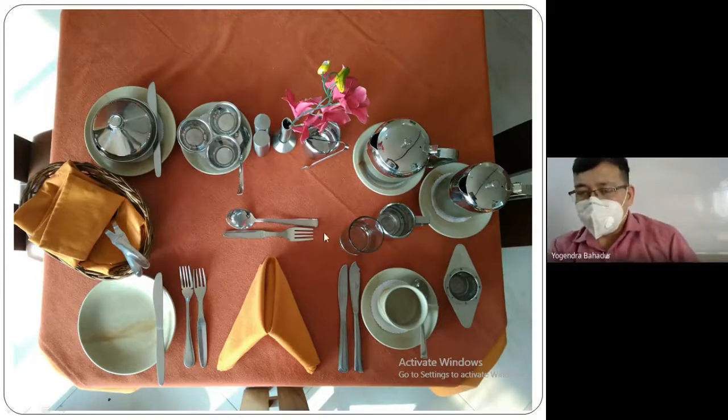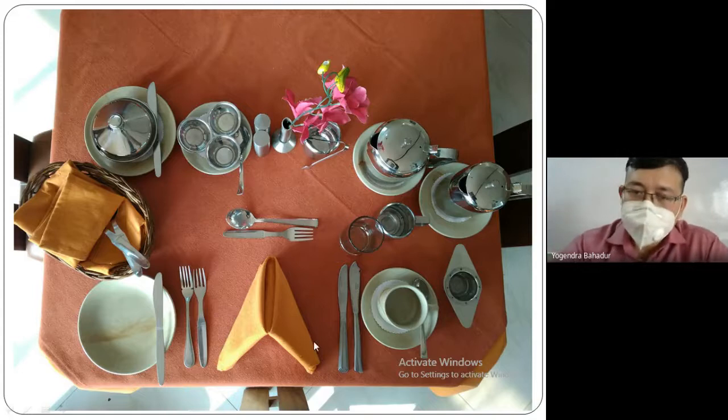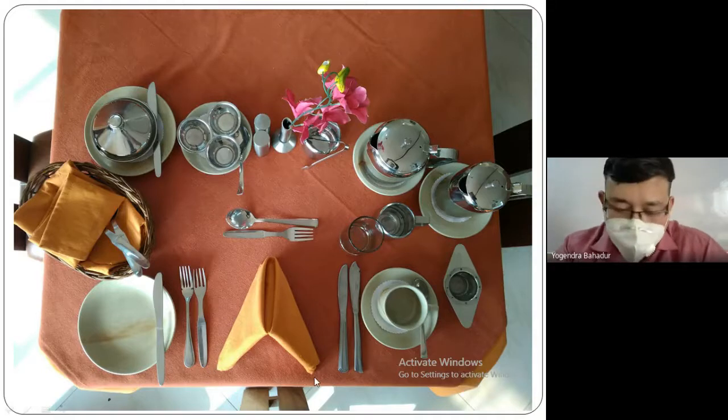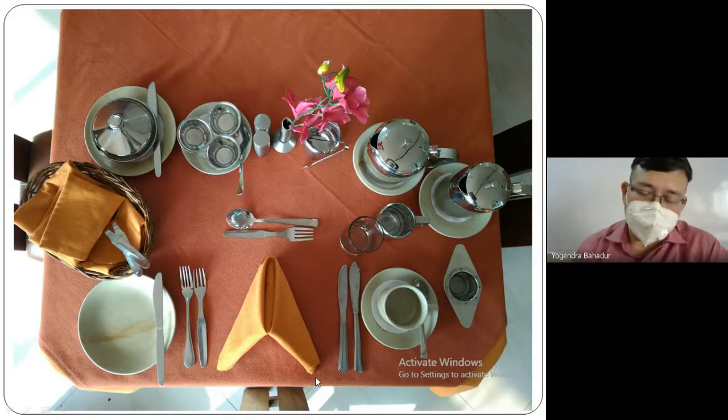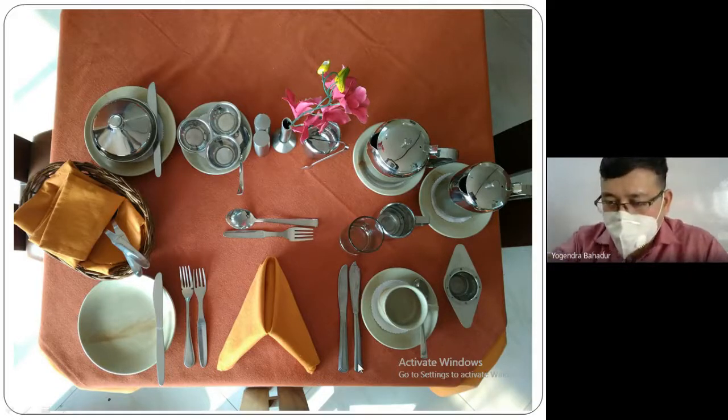Now we are focusing on the cutlery part. This is very important. In the cutlery part, at the center we have kept the serviette. Serviette, again repeating, is the French term for the napkin. On the right hand side of the cover, just on the tip of it, you find the water glasses.